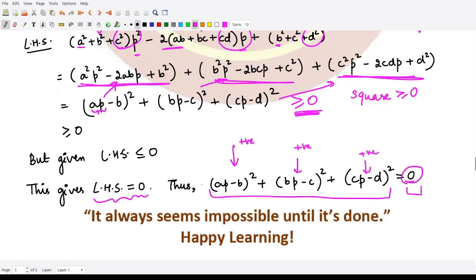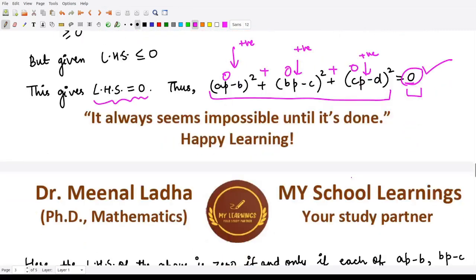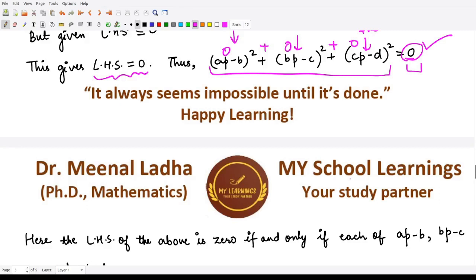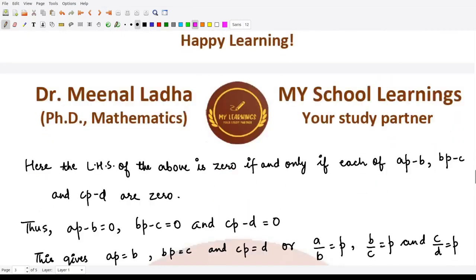It could only be 0 when this is 0, this is 0 and this is 0, so that when you add all three zeros you get 0 again. That means each individual term should be equal to 0. Hence this square is equal to 0, this square is equal to 0 and this square is equal to 0. Now if the square of something is equal to 0, then that thing should be 0 only.